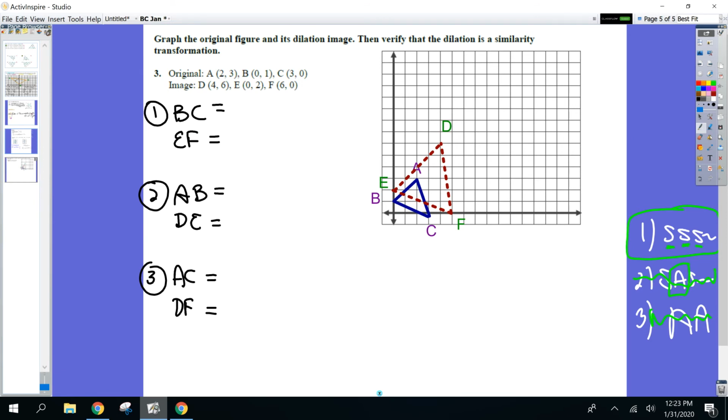BC, group 1, what do you have for the length of BC in simplest radical form? Radical 10. And how about EF? Good. For a scale factor equal to 2?